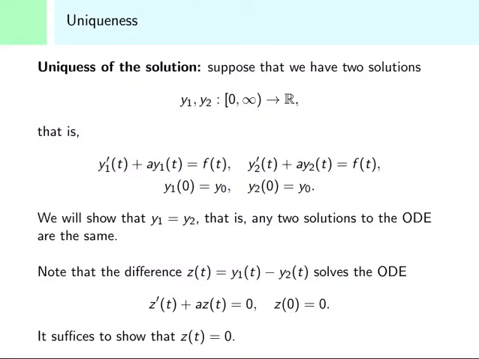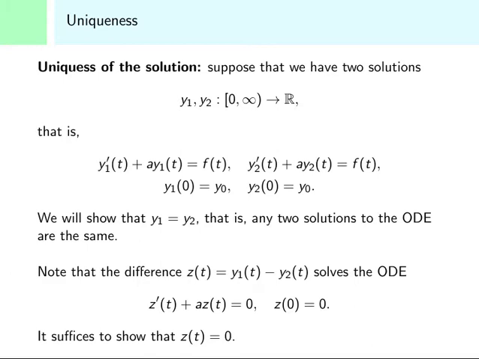As already mentioned, the basic questions in the discussion of differential equations are whether the solution exists, and if yes, whether it's unique. Now, it turns out actually showing uniqueness is often much simpler. So let's do that one first.